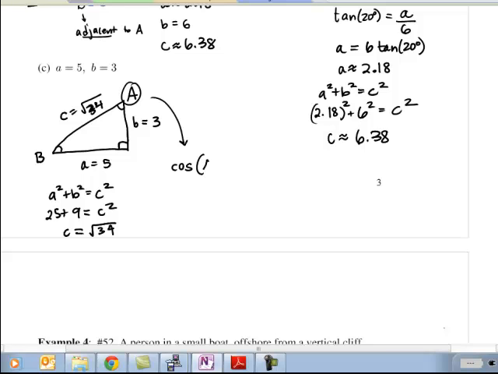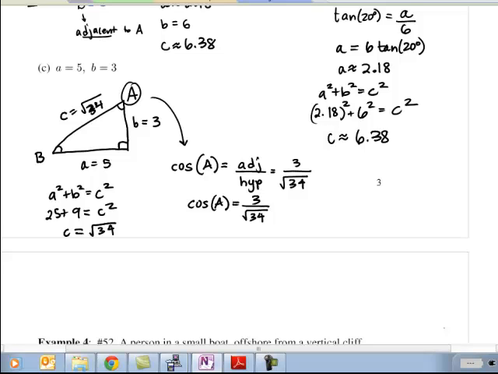So I'd say that cosine of angle A is the adjacent divided by the hypotenuse, which in this case is 3 divided by square root of 34.